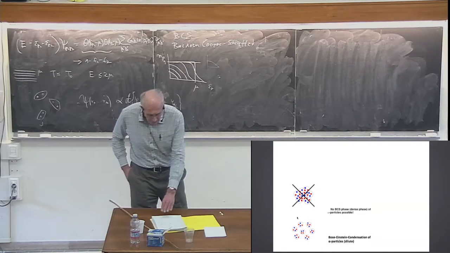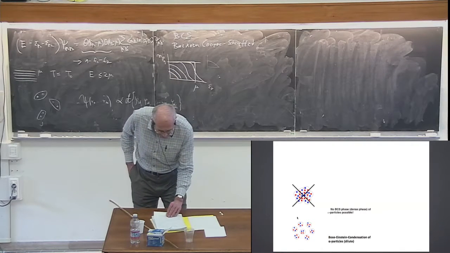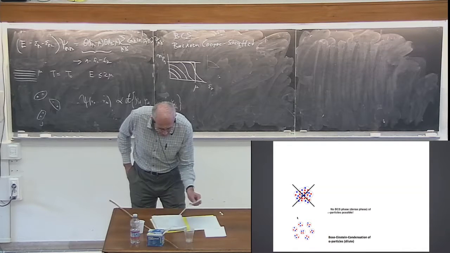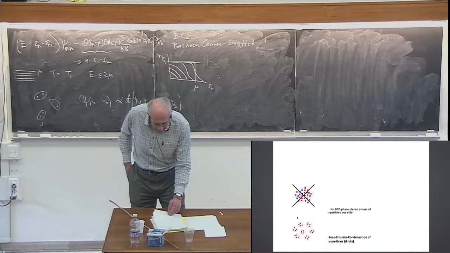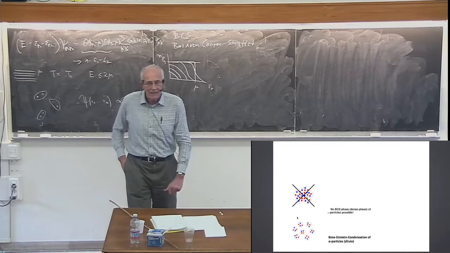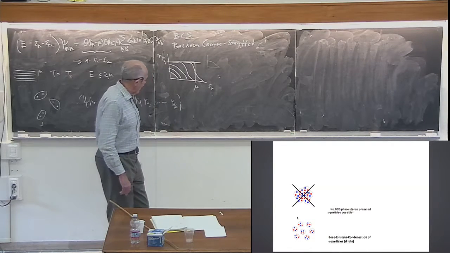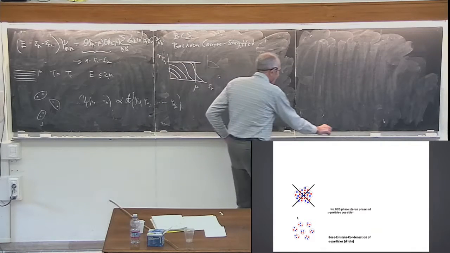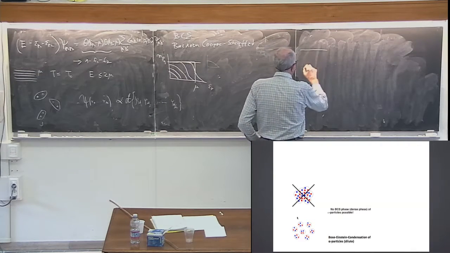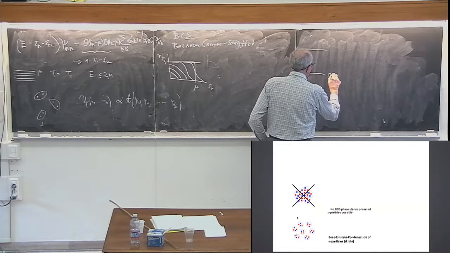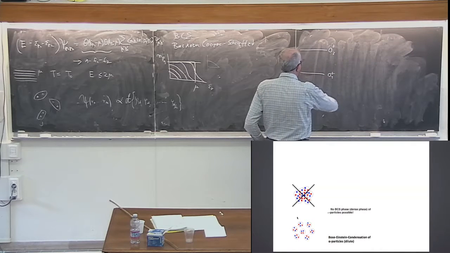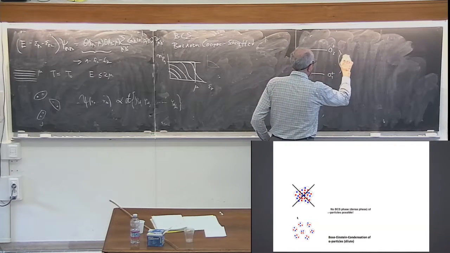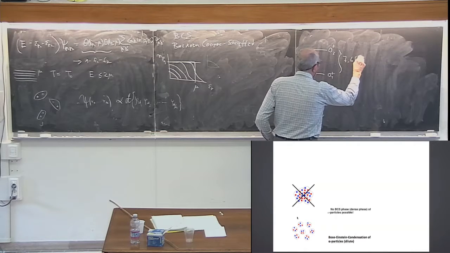We then came to the finite system, finite nuclei, and I told you about the Hoyle state, which is in carbon-12 a very important, one of the most important states in nuclear physics. This was the second 0 plus state at 7.65 MeV.